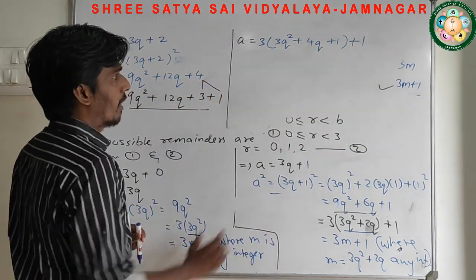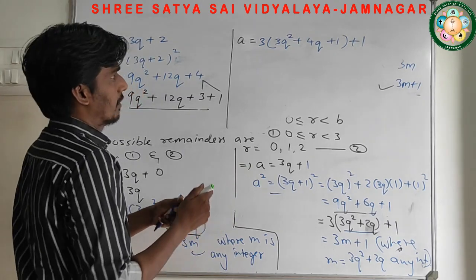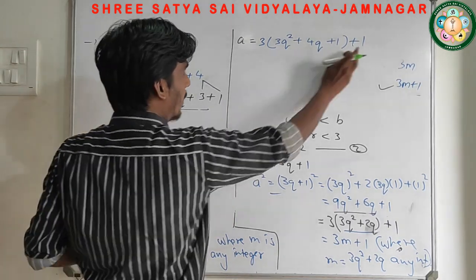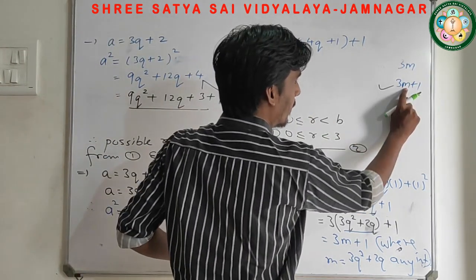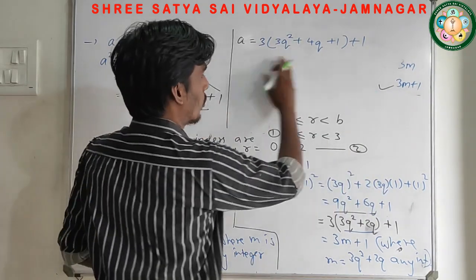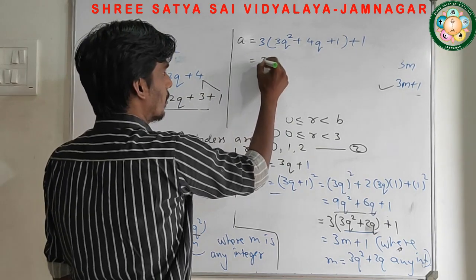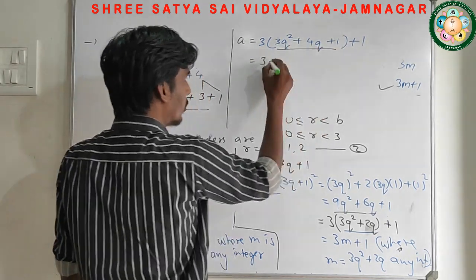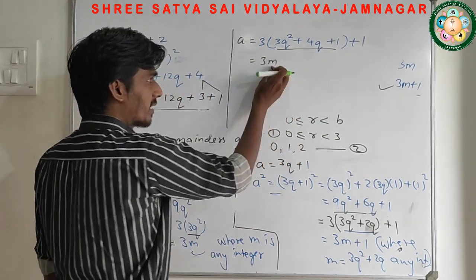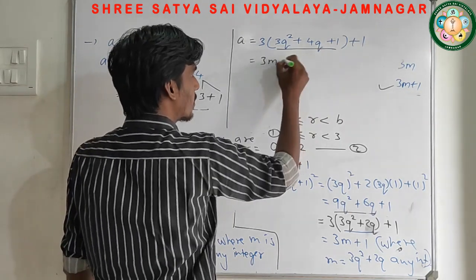Now I got 3 multiplied by something plus 1. So they are somewhat similar in formation. So instead of this whole bracket, I am going to use m, so the bracket is replaced by m plus 1.